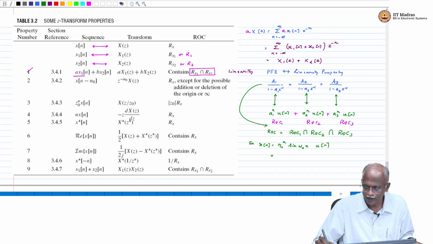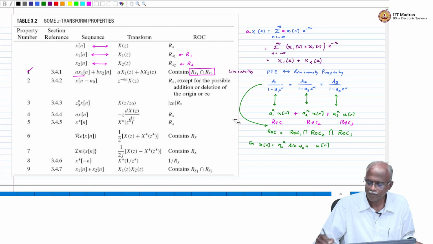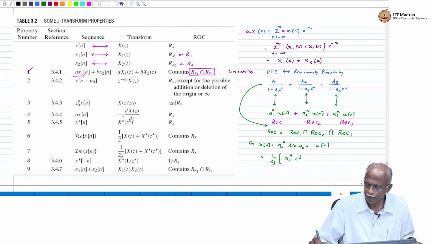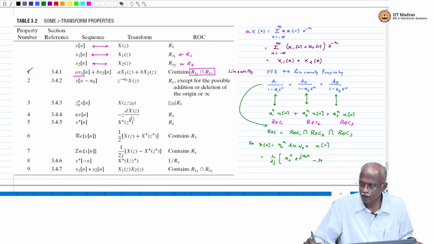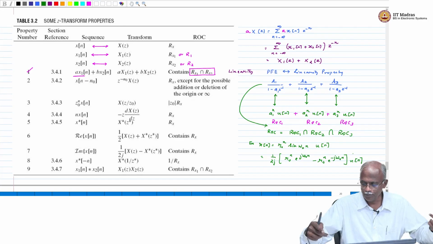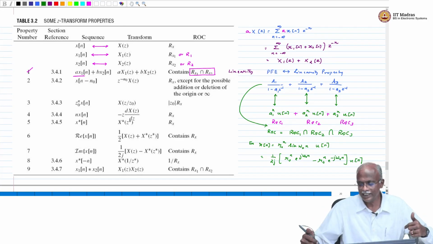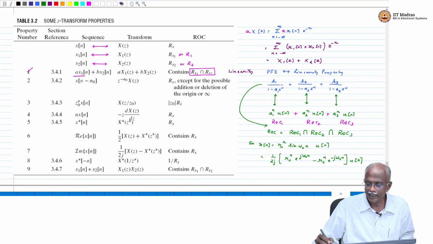Okay, remember we split this as two terms, 1 by 2j r naught power n e power j omega naught n minus r naught power n e power minus j omega naught n times u of n, and then we computed the Z transforms individually. So that is exactly an application of the property of linearity.